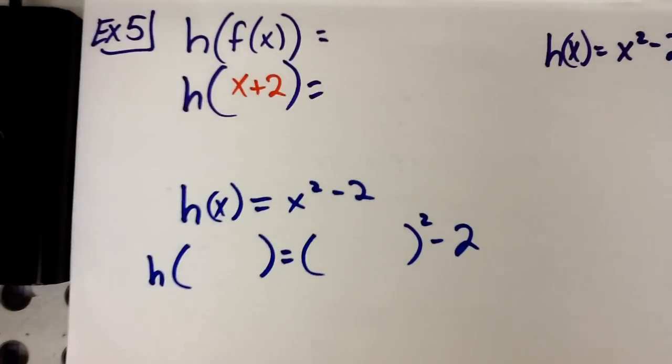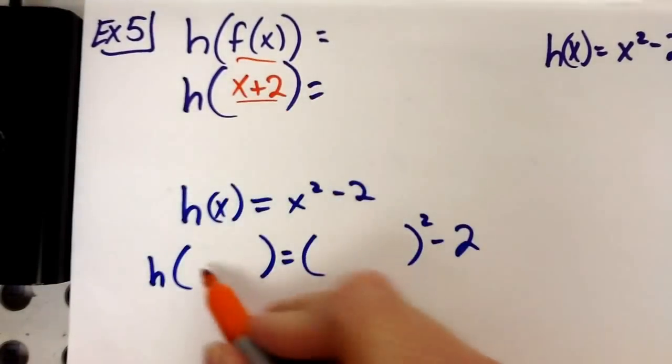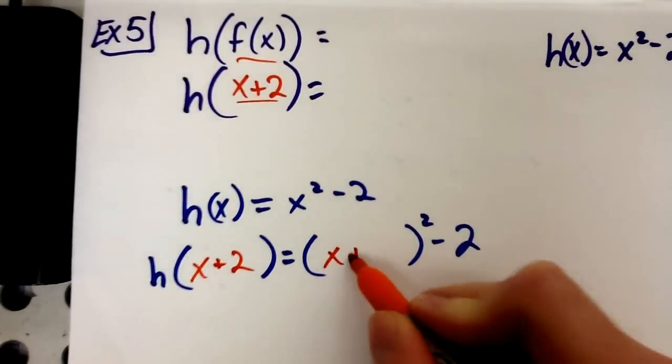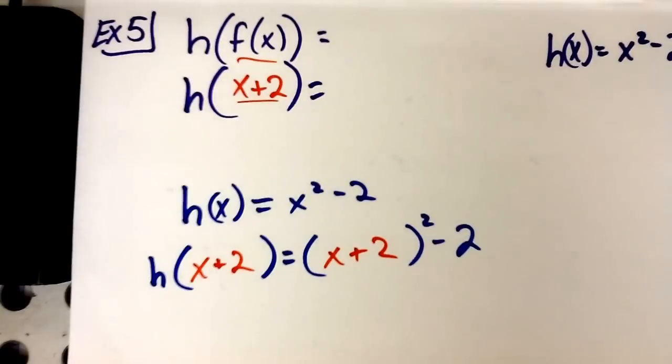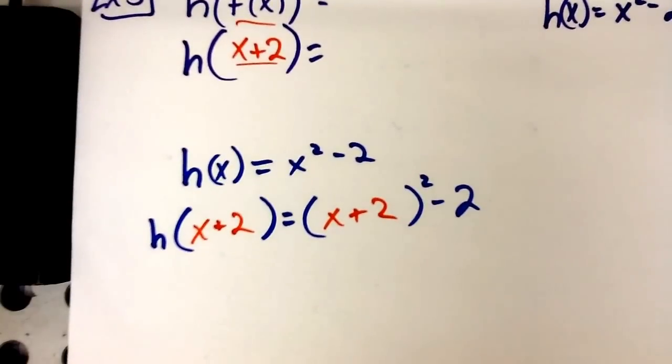The thing that gets plugged in for x was x plus 2, or f of x. So let's set that up. That's it. Well, not it, but at least the hard part. That's the substitution. Again, it works just like the substitution stuff you did back in chapter 6.